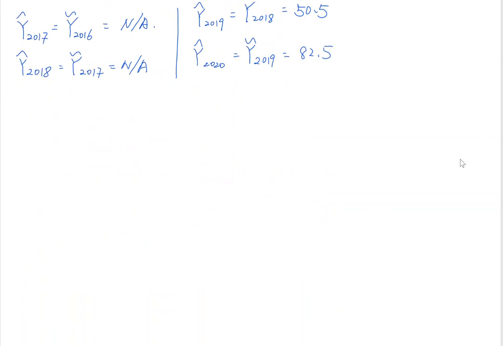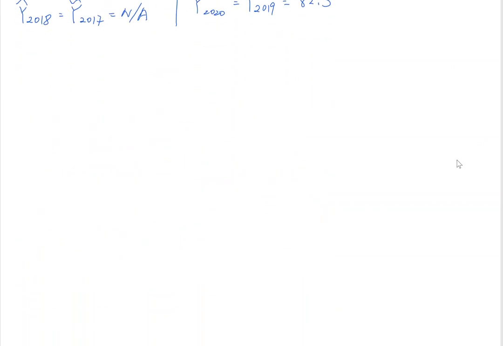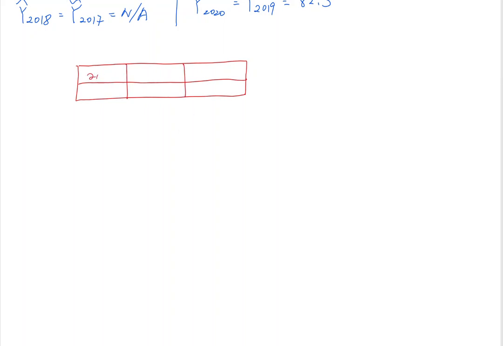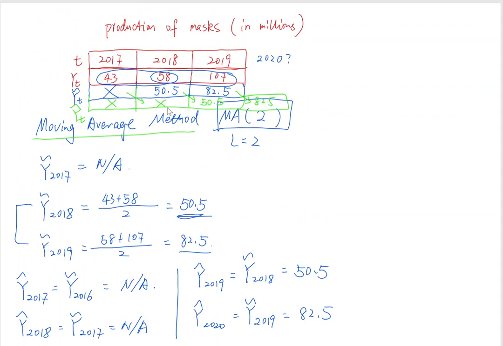Now next, let's use the same data. We have 2017, 2018, 2019, and then 43 here, 58 here, 107, which is exactly the same data we had here.